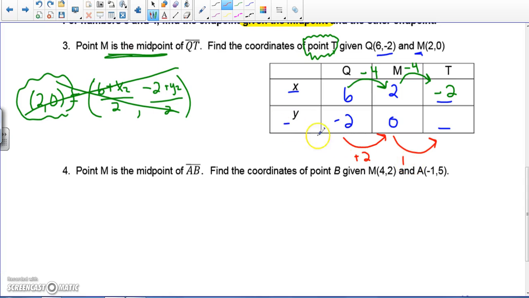We have to use the pattern to get us there. So from negative 2 up to 0, that's positive 2. Now we're going to go up another 2 to get to our other endpoint. So actually it worked out that it is the answer. That was just a coincidence. But that's how I would recommend doing this. Just kind of set up a chart and follow the pattern. So the answer, point C, is negative 2, 2.